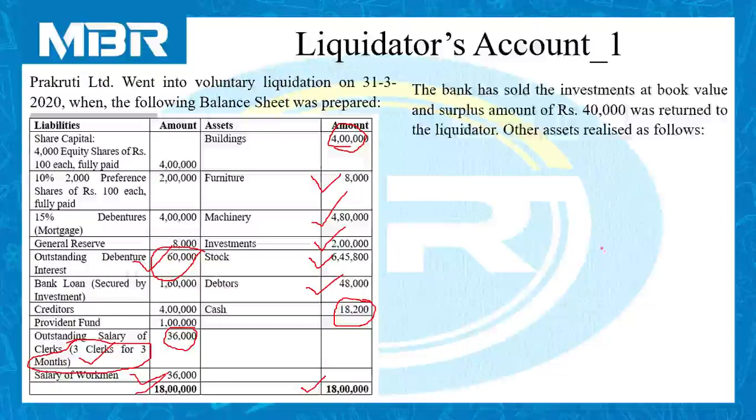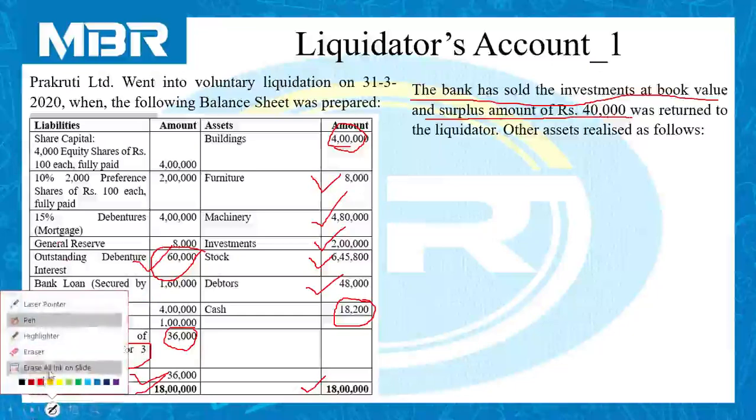The bank has sold the investment at a book value, and surplus amount of rupees 40,000 was returned to the liquidator. Concentrate on the information given over here. The bank has sold the investment. First of all, you need to check the liability side of the balance sheet.